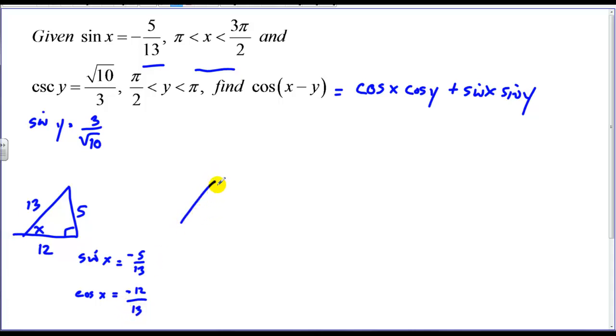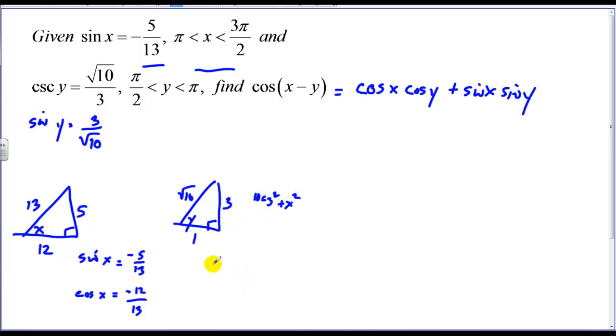Then I have another triangle of y being our angle, and we know that in this case root 10 is our hypotenuse and 3 is our opposite. So I have 1, and we can get that from 10 equals 3 squared plus x squared.